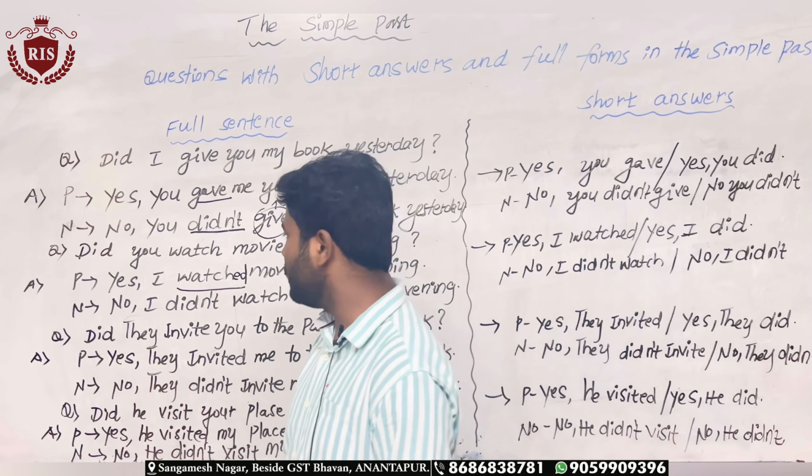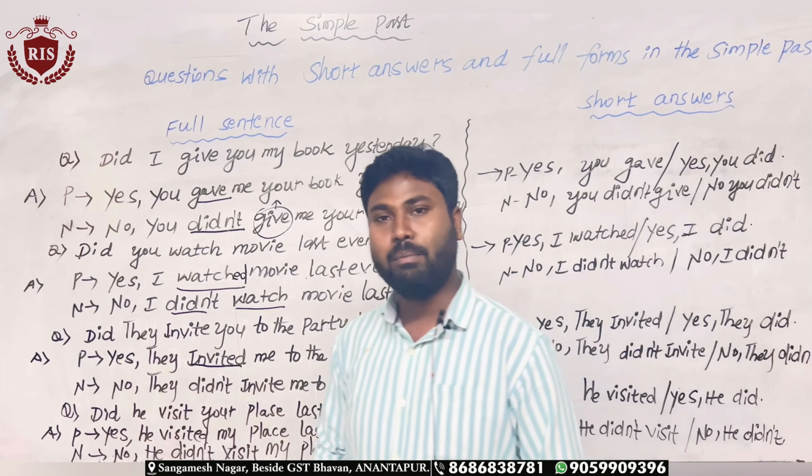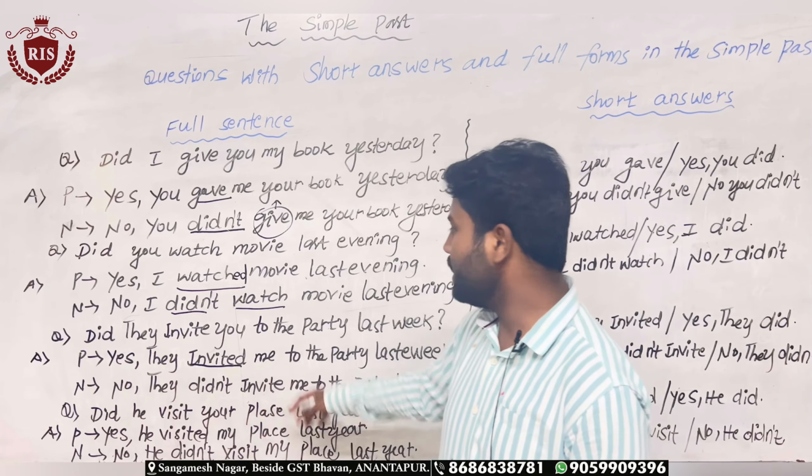As it is a yes or no statement question because it didn't start with any WH word, the answer should start with yes or no. Now as it is an affirmative sentence, the answer starts with yes. Yes, they invited me to the party yesterday. Next, look at here. Even here we have used the simple past form of the verb, none other than V2.